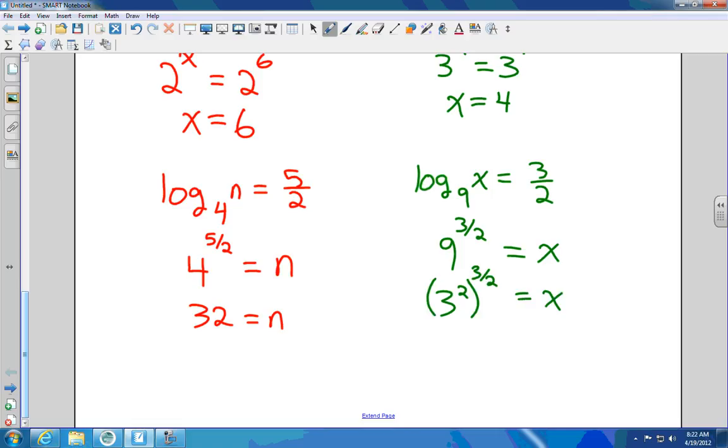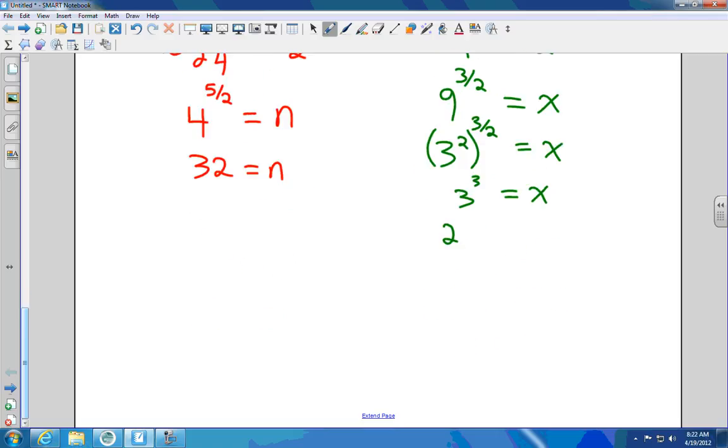And what do you do when you raise this power to the power? So what's going to happen? The 2's cancel, so you end up with 3 to the 3rd, which is 27. I don't know if any of you can do 9 to the 3/2, but if you set it up that way, you got to the answer without using a calculator. So keep that.